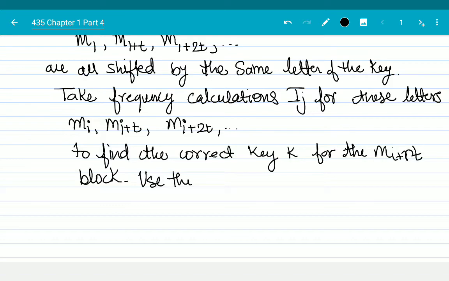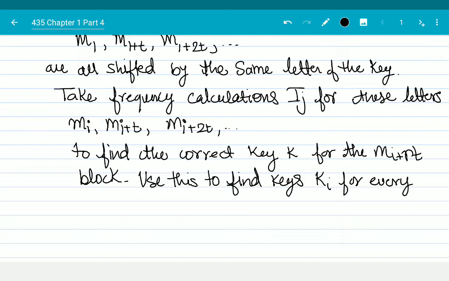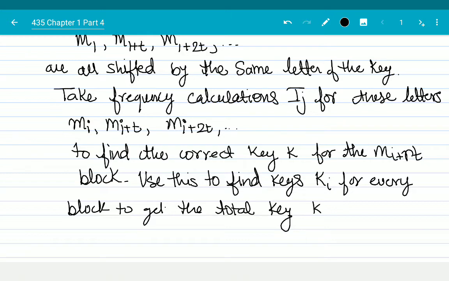Use this to find keys ki for every block to get the total key k1, k2, k3, up to kt.